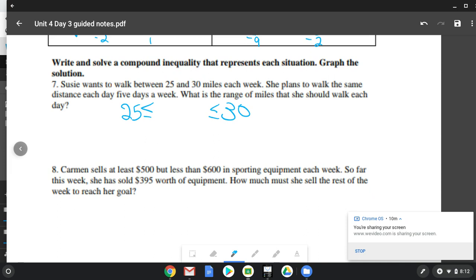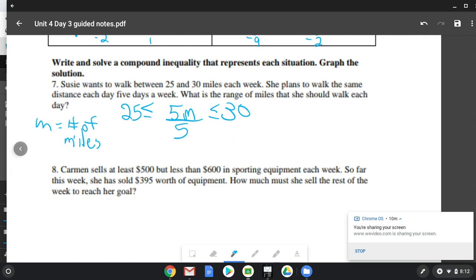It says she plans to walk the same distance each day, 5 days a week. What's the range of miles she should walk each day? Okay. So if there's 5 days a week, and M for my number of miles, I'll say, because that's what we're looking for. Whatever we're looking for is always going to be our variable. So we're looking for miles.